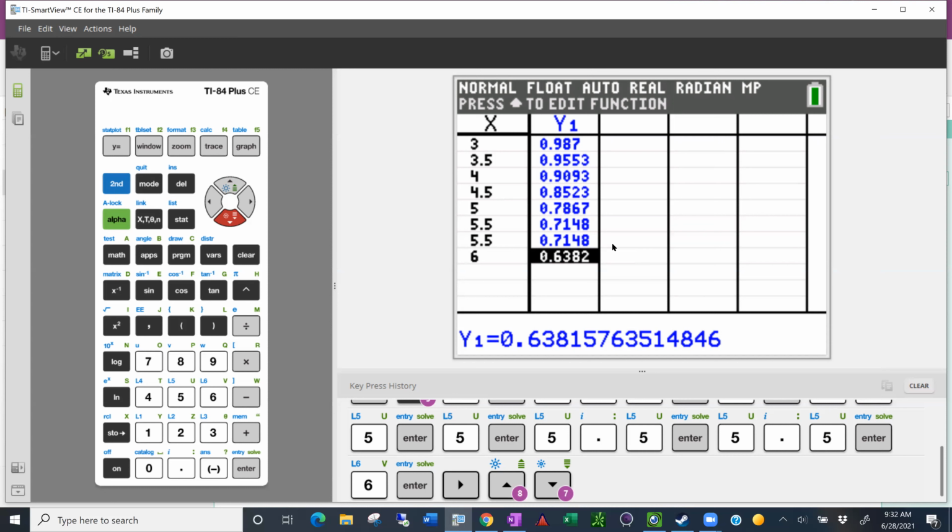There we go. And then add them all up. Let's see if I can speed up that process a little bit.